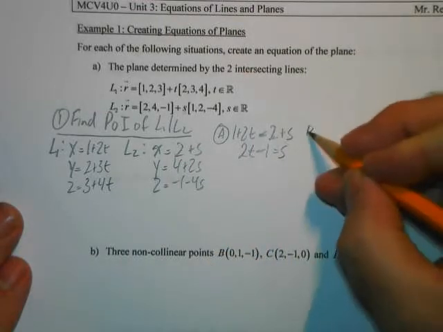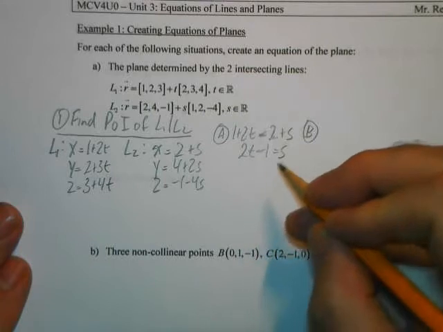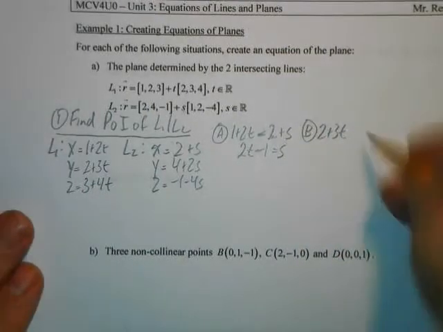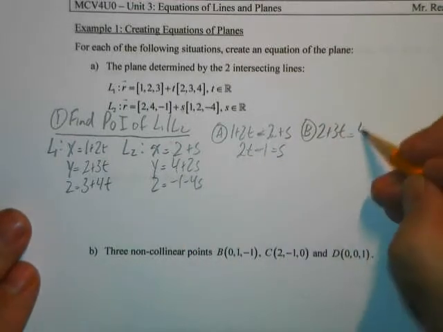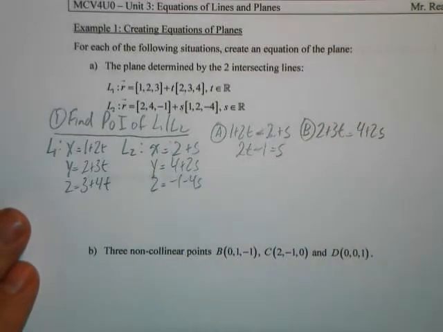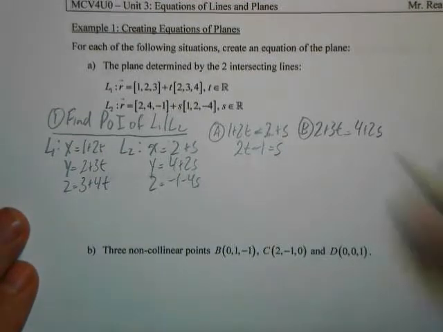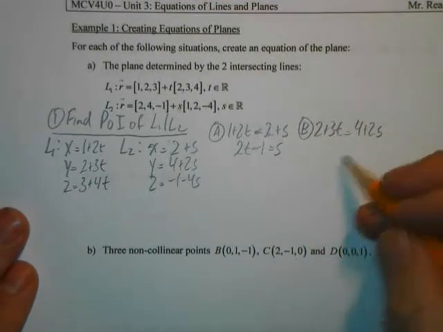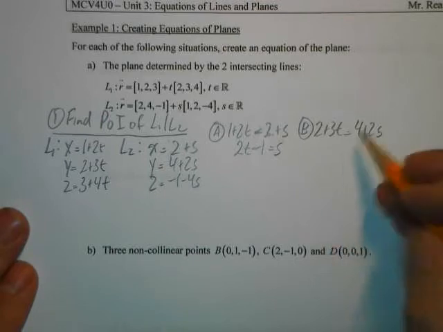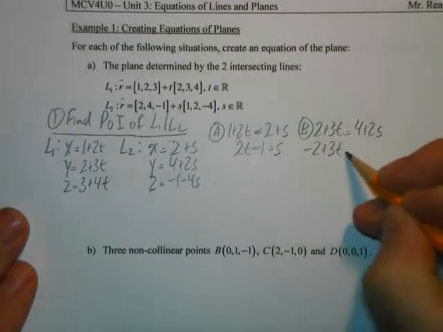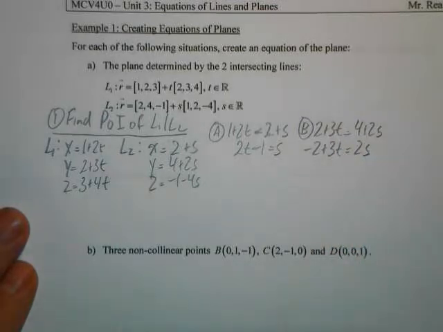So I'm going to do the second equation for y. I've got 2 plus 3t is equal to 4 plus 2s. I'm going to subtract the 4 from both sides, so I get negative 2 plus 3t equals 2s.